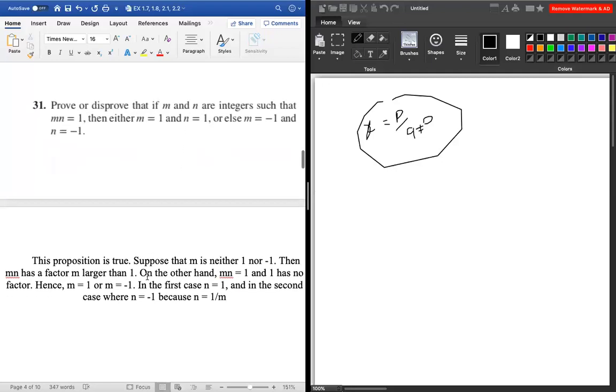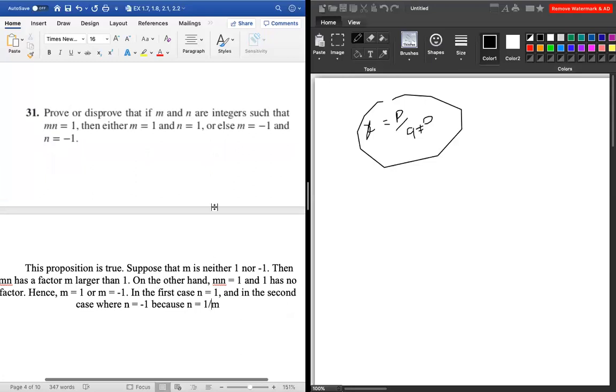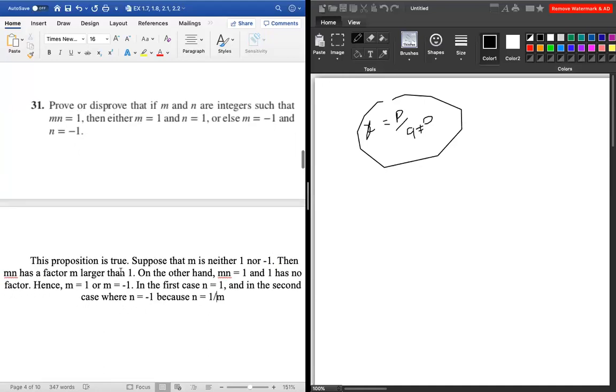So what we did is, basically we have to prove or disprove that if mn equals 1, then either m equals 1 and n equals 1, or else m equals minus 1 and n equals minus 1. We supposed that m is neither 1 nor minus 1, then mn has a factor m that is larger than 1, right?